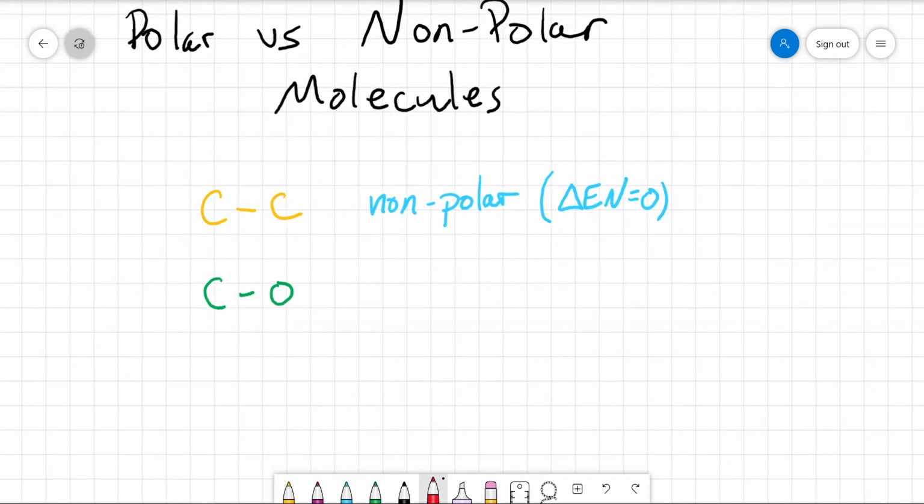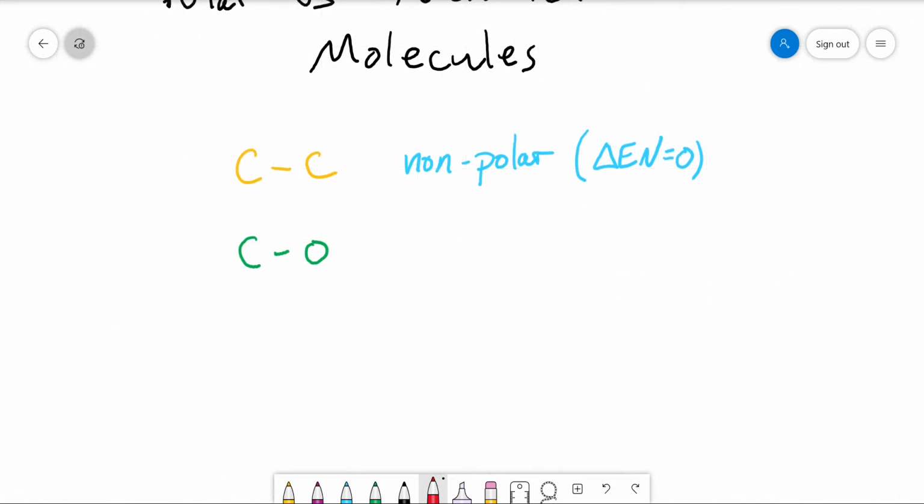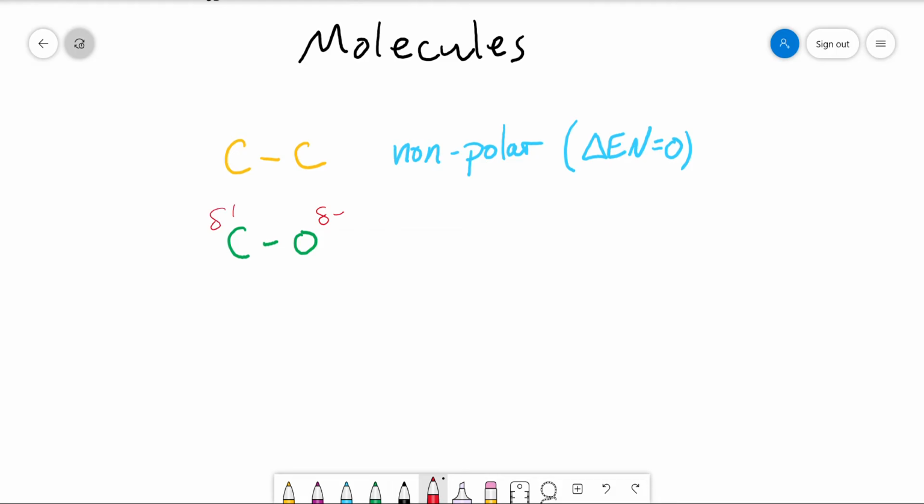The oxygen is the higher electronegative element, so this would get the partial negative, and this would get the partial positive. And then we can draw the dipole moment for that bond.